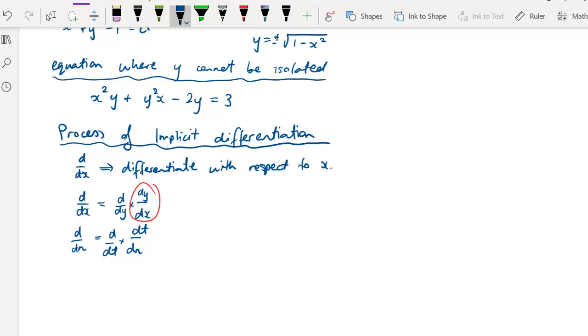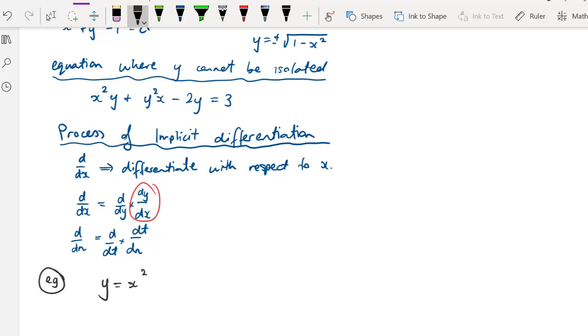All right, so a really simple example then, before we get started into the more complex ones, is we could just have y is equal to x squared. Now we know the derivative of this with respect to x will be dy dx is equal to 2x.